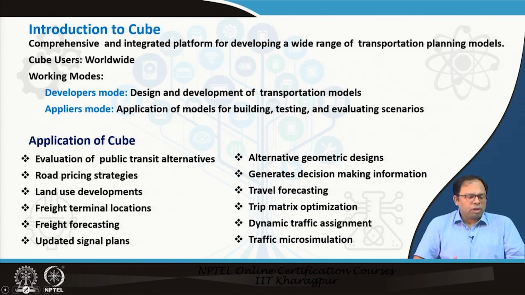So, just to give you a short overview, this freight terminal location actually determines what kind of cost a particular company has to face when it is locating a terminal at a particular location and distributing to different retail in that particular area. So, there could be three alternatives for terminal location, to say which alternative is the most beneficial one. Now, this kind of modeling could only be done if the distribution happening from a particular terminal could also be modeled by the software.